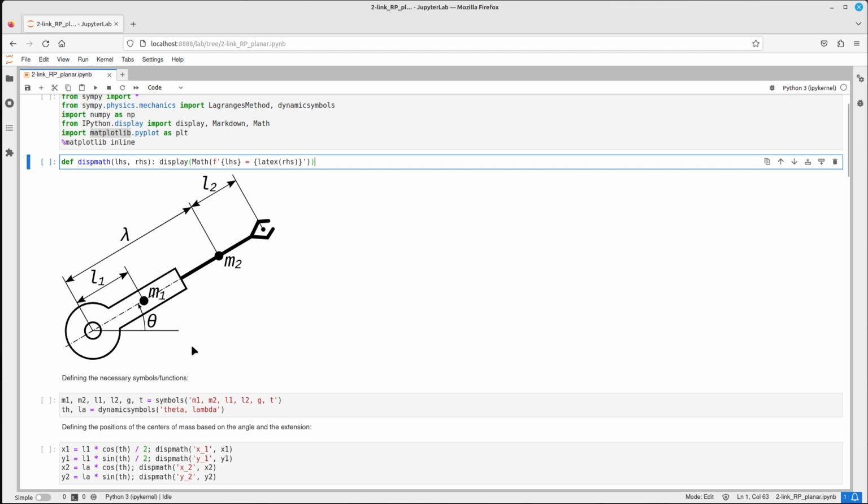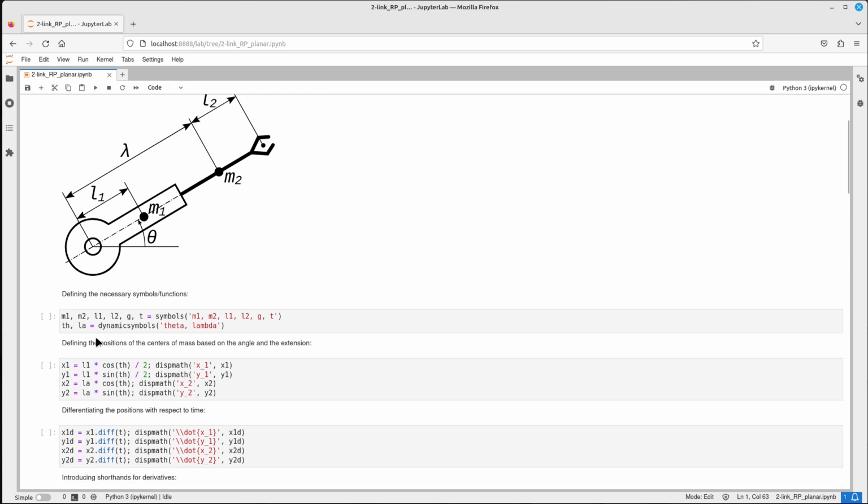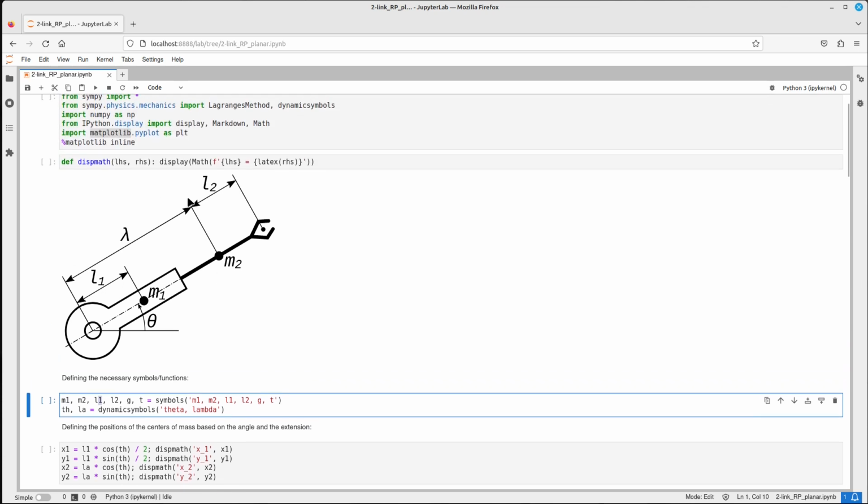Okay, so the first step is to define all the necessary symbols and functions. So M1 obviously, M2 for those centers of mass, L1 is this distance, L2 is this distance, G corresponds to the gravitational acceleration. Then you have T, which stands for time, and basically those are the symbols that we're using.